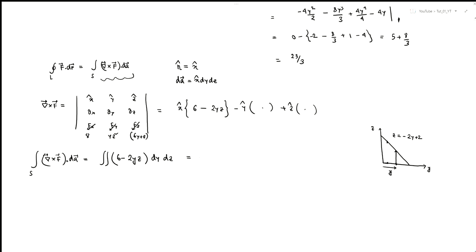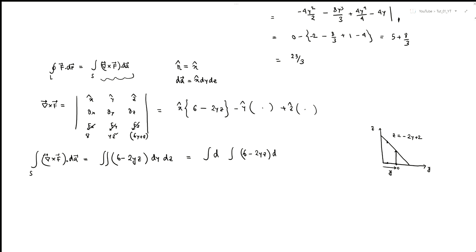So first we will do the integral along z. Let us take the dy integral out. We will write 6 minus 2yz dz. For a given y, your z will go from z equal to 0 to z equal to minus 2y plus 2.